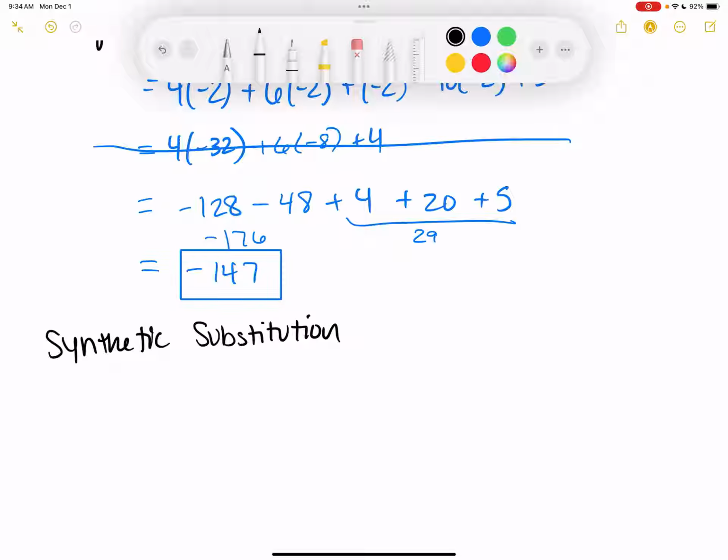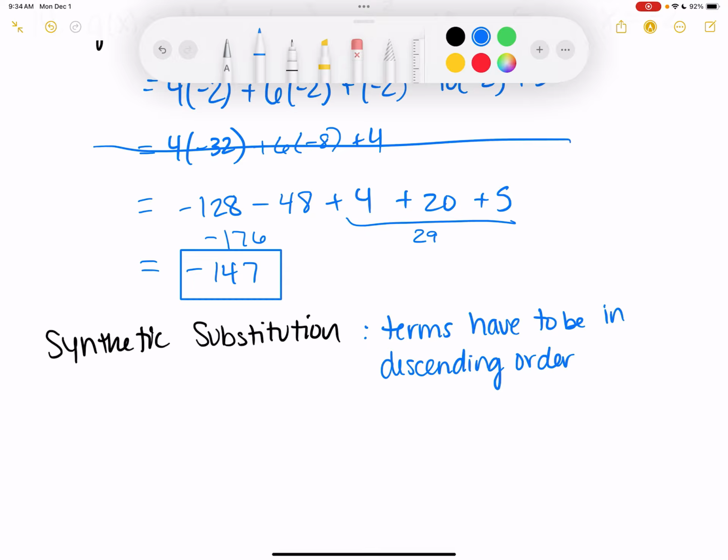The difference with synthetic is your terms have to be in descending order, just standard form. And if a term is missing, you have to put a 0.